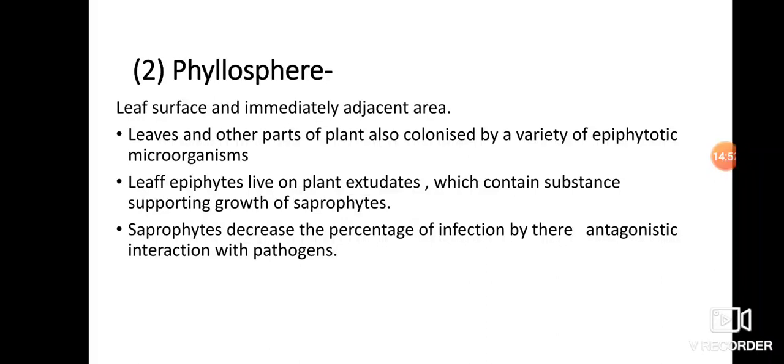Certain phylloplane saprophytes decrease the percentage of infection by their antagonistic interaction with pathogens. In addition, leaf saprophytes could reduce infection by taking up substances, that is exudates of host origin, and so rendering them unavailable to the pathogens, or by physical occupation of the leaf surface.